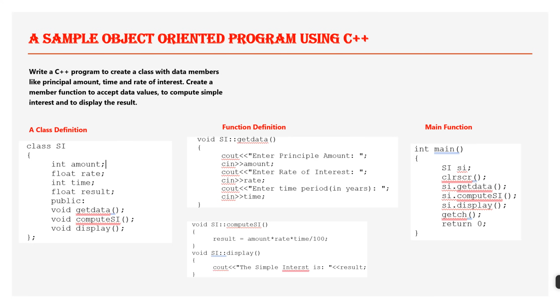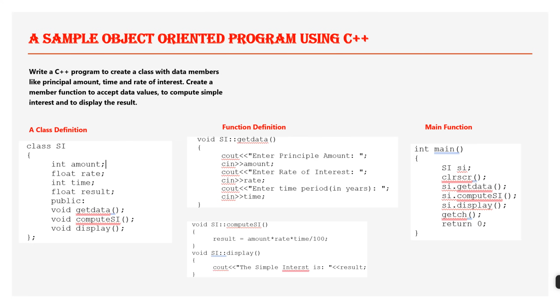Now I am declaring the functions. My logic is that I would like to define the functions somewhere outside the class. How do I do that? I can do that only if I declare the functions as public inside the class.